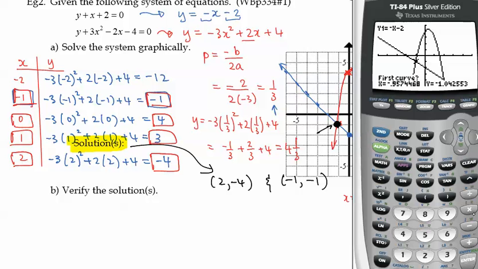And this time, you will move your cursor to the right-hand side and get your calculator to find the point here. And here we end up getting 2 and negative 4. So this is one way to verify the solution.